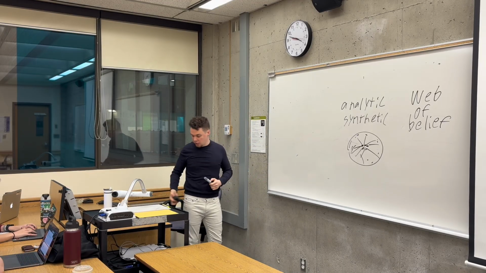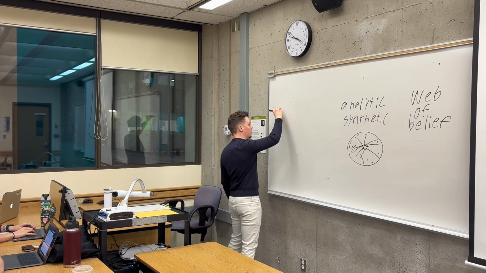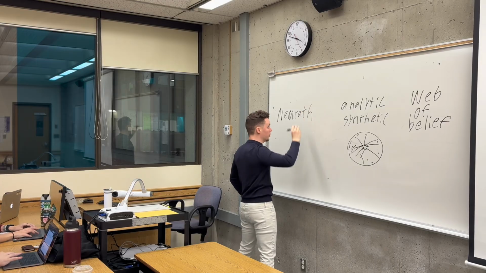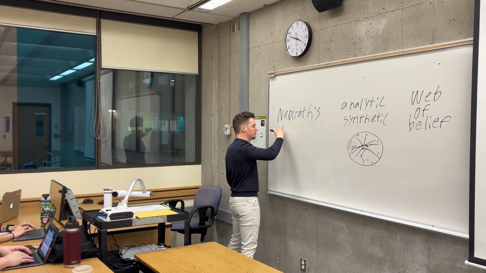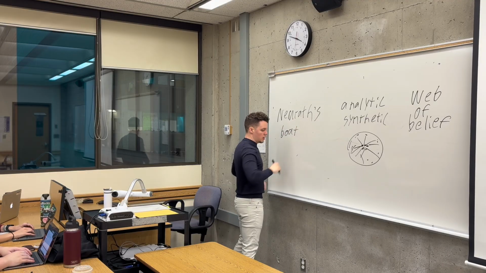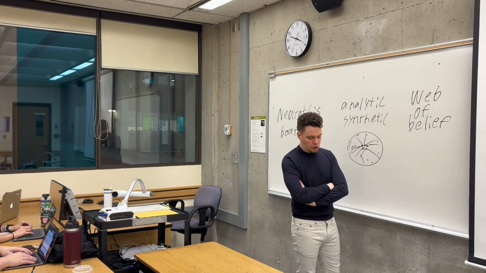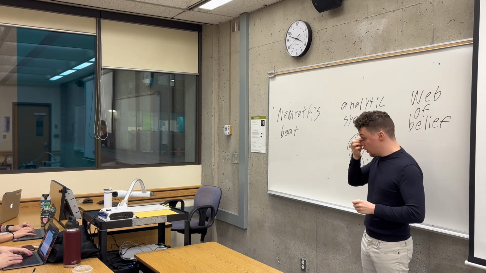Another key term that relates to the rejection of foundationalism is Neurath's boat. Neurath was a member of the Vienna Circle. Popper said similar things. So this is Neurath's metaphor for how knowledge creation works, or how science works.